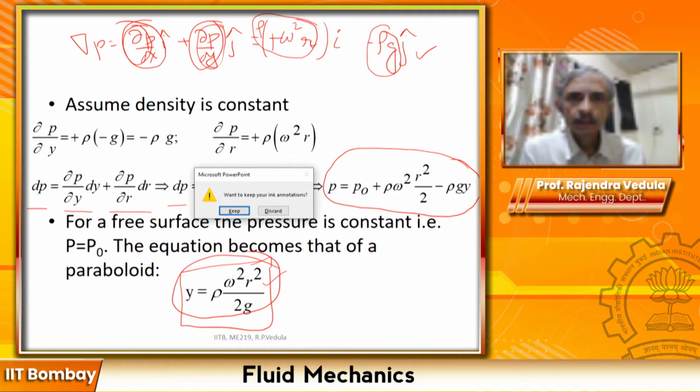Okay, so in today's class and in yesterday's class, we have looked at something to do with buoyancy and something to do with stability and something to do with a situation where the acceleration due to gravity is not the only body force.